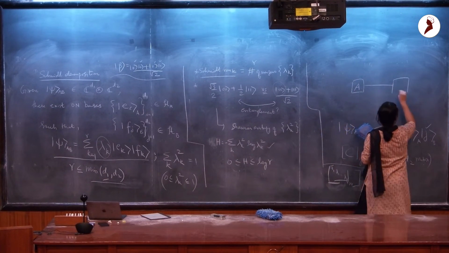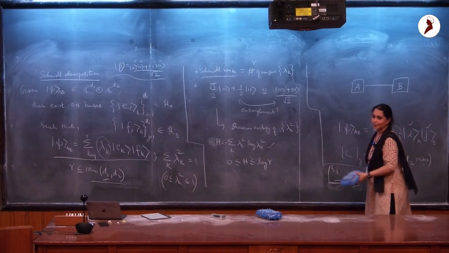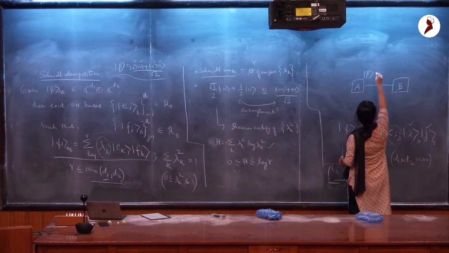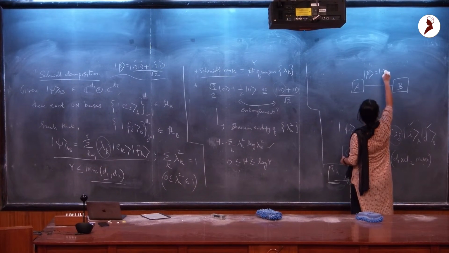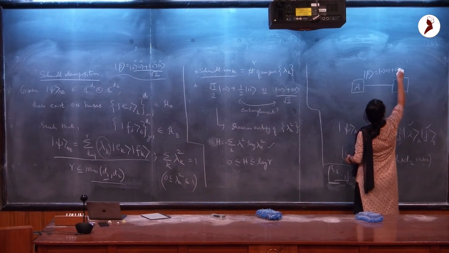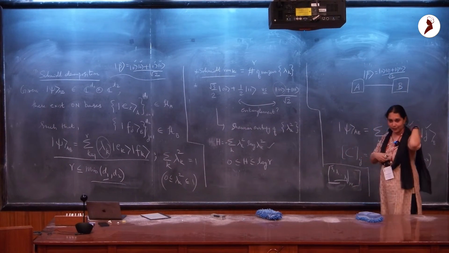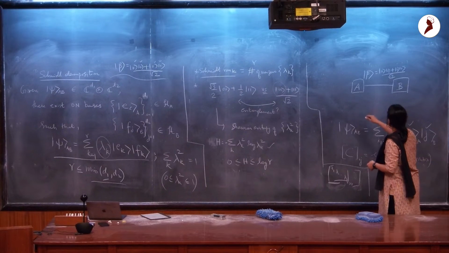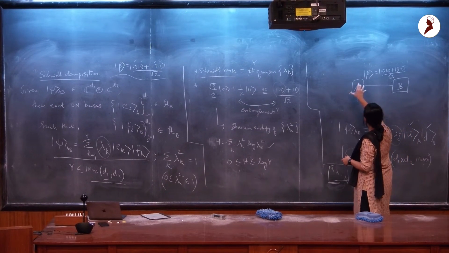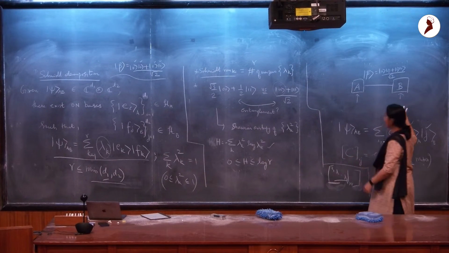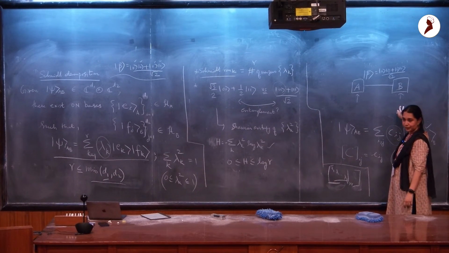Let me move these two Hilbert spaces apart, and now they are sharing this joint state of these two systems. This is the standard Bell experiment setting. This is one lab, this is another lab, and measurements are being performed here and here.